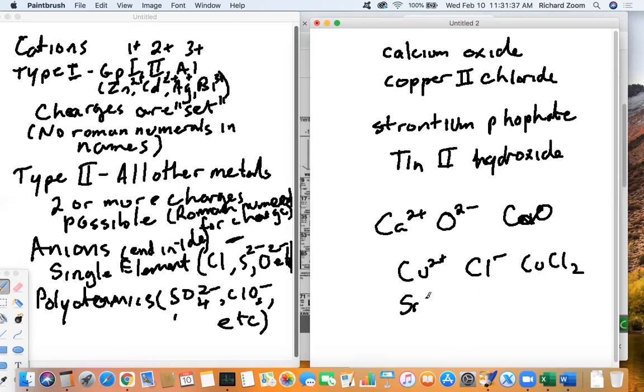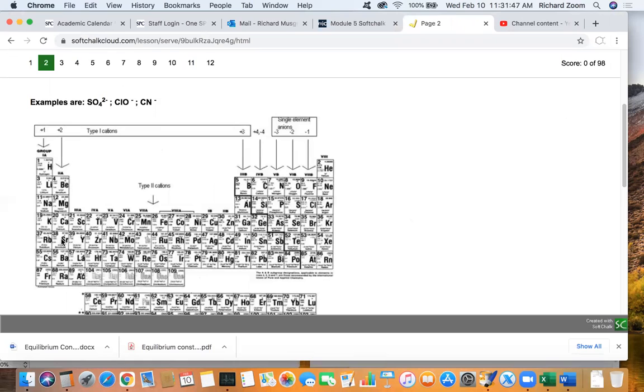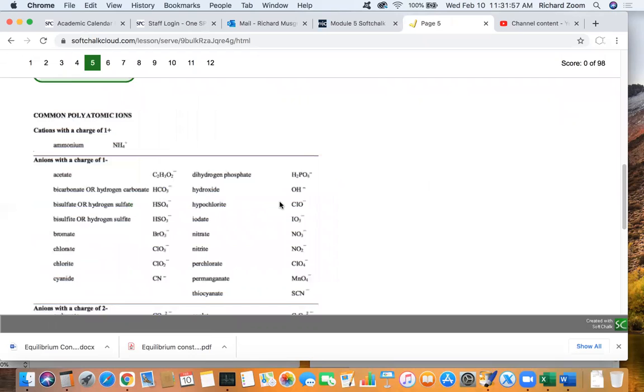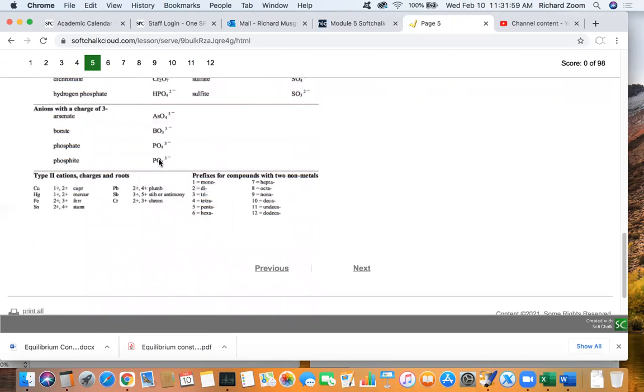For the next one, strontium phosphate, Sr is 2+ and PO4 is 3-. The Sr comes from group 2, so it has +2. And phosphate, we get off the polyatomic ion sheet. And you can see phosphate is down here at -3.